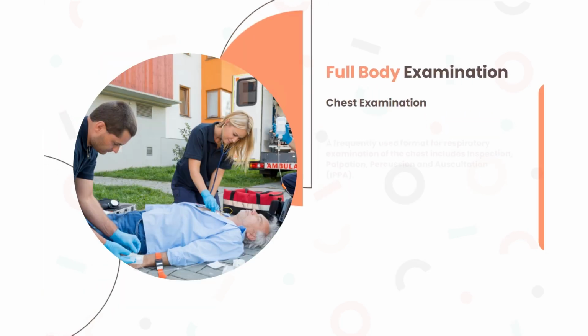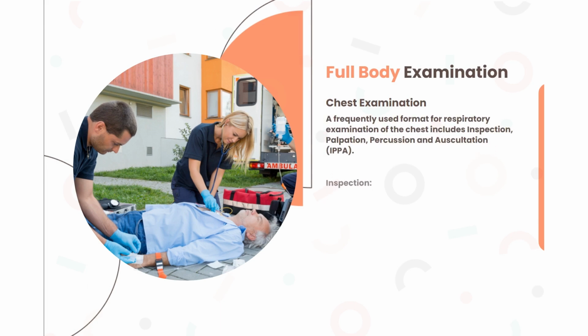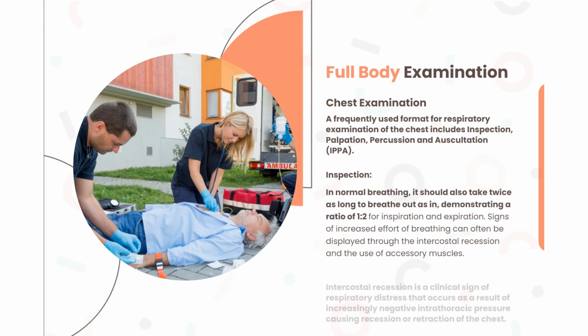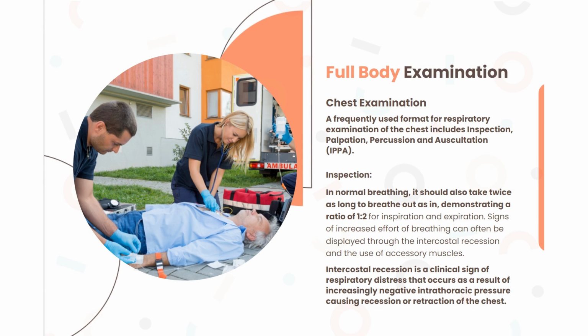Chest examination. A frequently used format for respiratory examination of the chest includes inspection, palpation, percussion, and auscultation, IPPA. Inspection. In normal breathing, it should take twice as long to breathe out as in, demonstrating a ratio of 1:2 for inspiration and expiration.